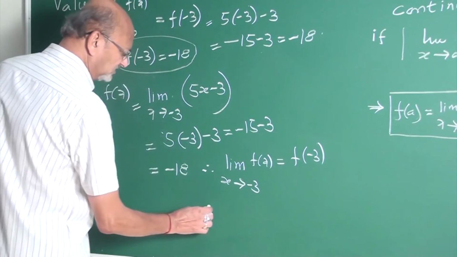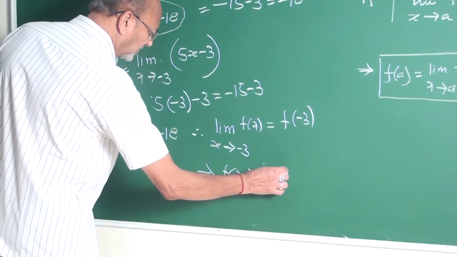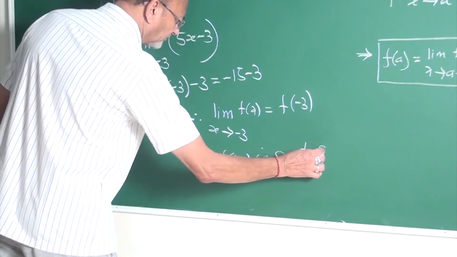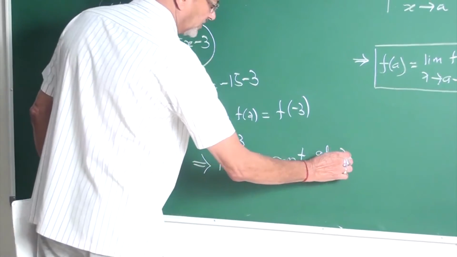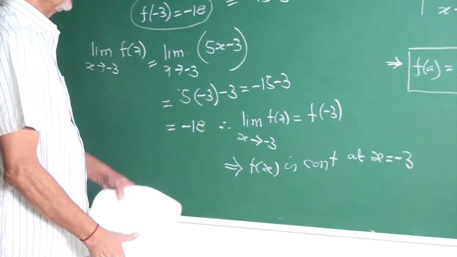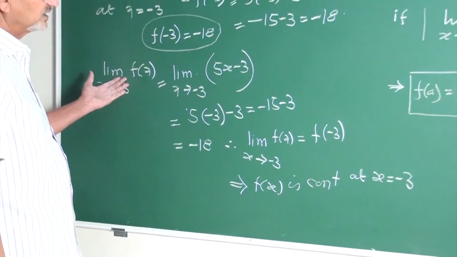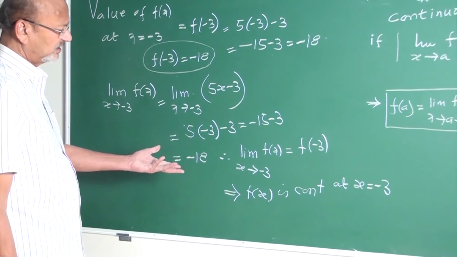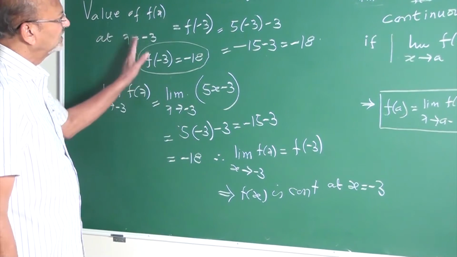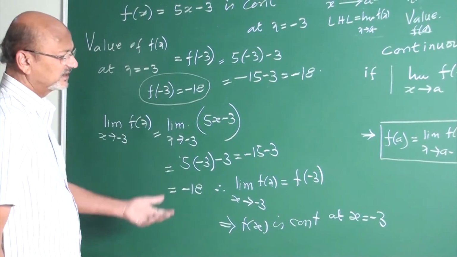This tells us that when both are equal, f(x) is continuous at x equal to minus 3. Even if you go for LHL, RHL, you will be getting the same thing, minus 18. This is one very simple example.